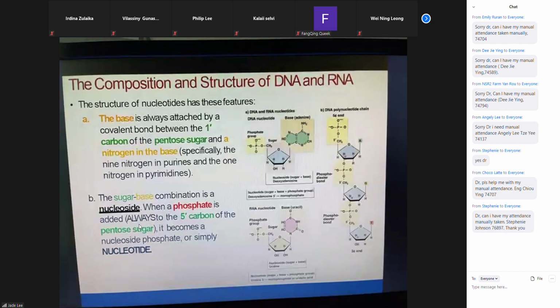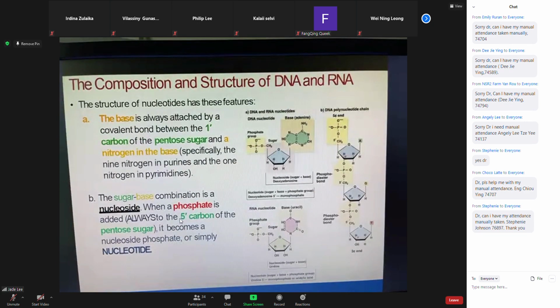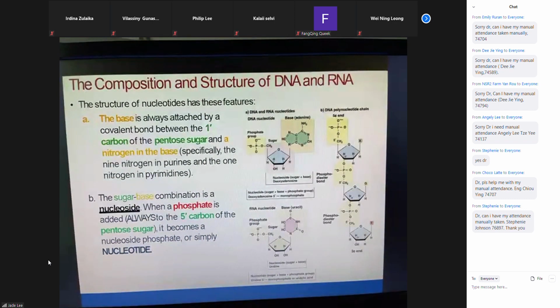So you can see now the difference between nucleoside and nucleotide. A nucleoside is without the phosphate group; it is the combination of the pentose sugar and the base.